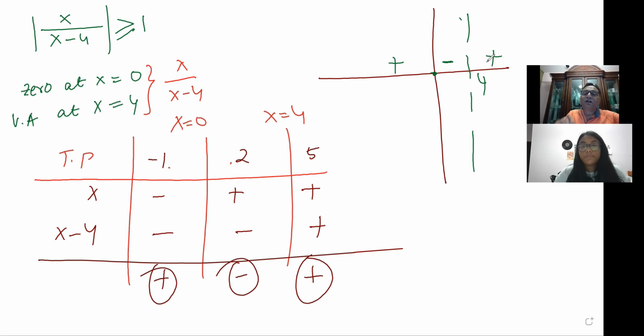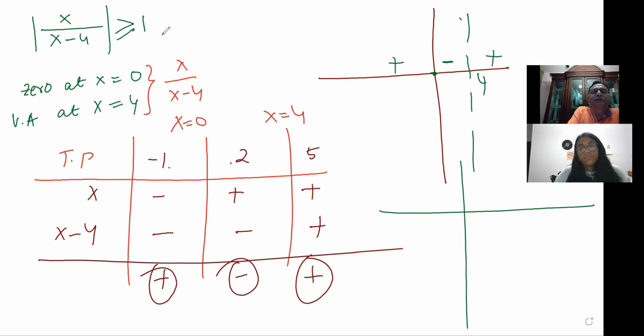So that means we need to solve this inequality for the values. This absolute function can now be defined. When it is negative, in this region, it will be the negative of this, right? So in the interval where x is greater than or equal to 0 but less than or equal to 4, it is negative.